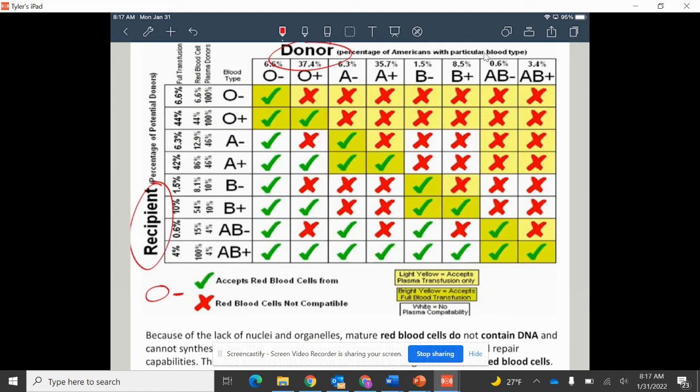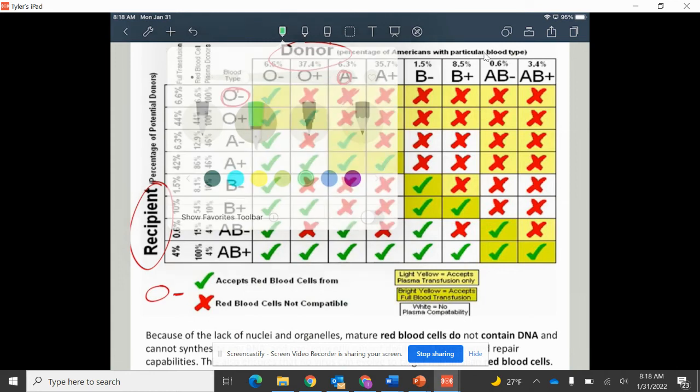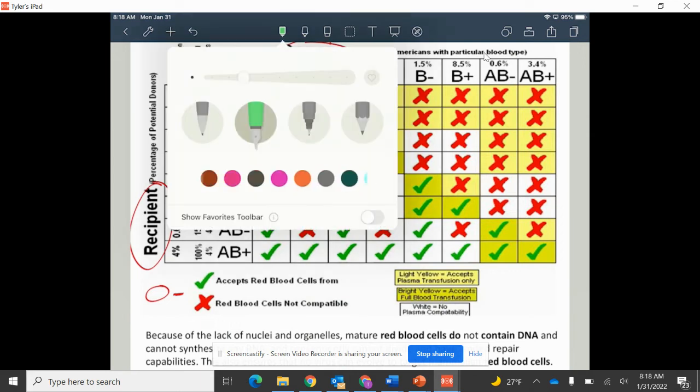So if you were to give somebody, this is recipient, you give somebody that's O negative, you give them blood. If it has an A protein, they will reject it. Let me change colors here. They will reject it, right?